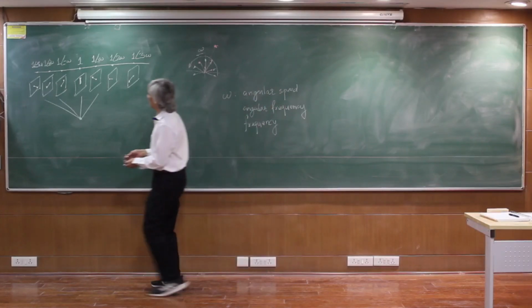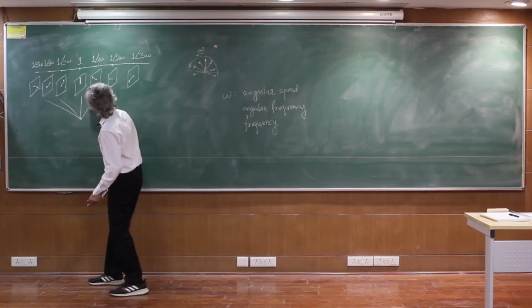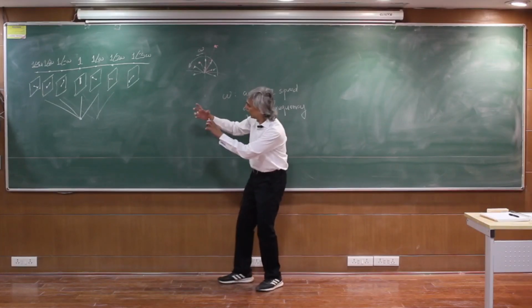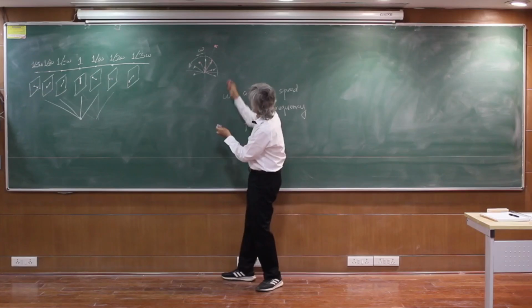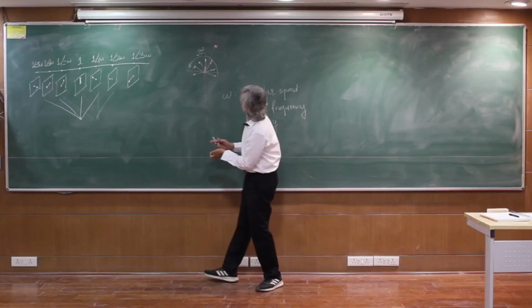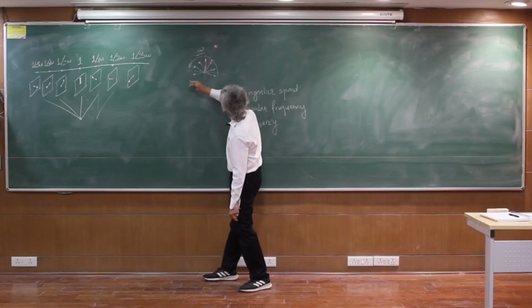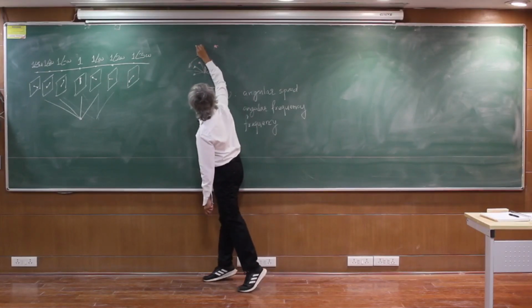If I do the same thing at the next location, what has happened is that your entire spiral has stepped forward by omega, and so this whole diagram gets rotated by omega, correct? And so your output gets here.